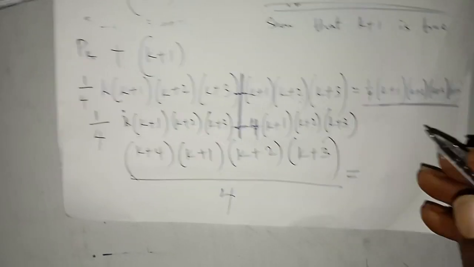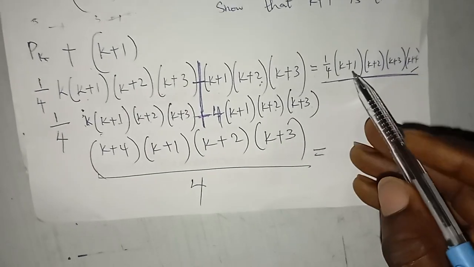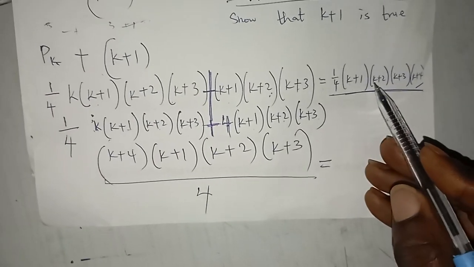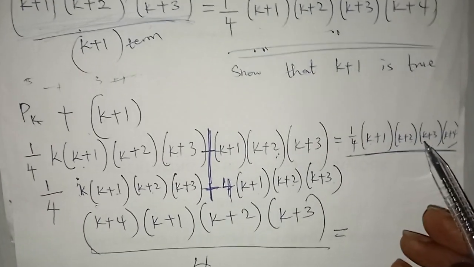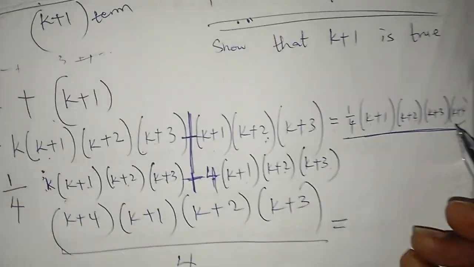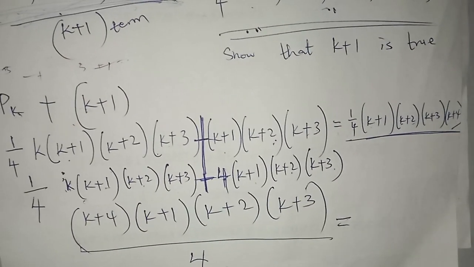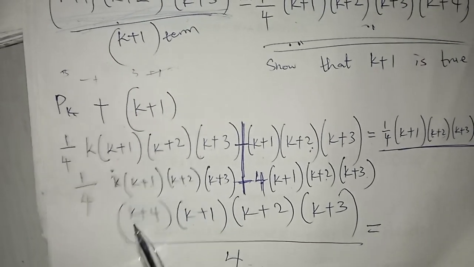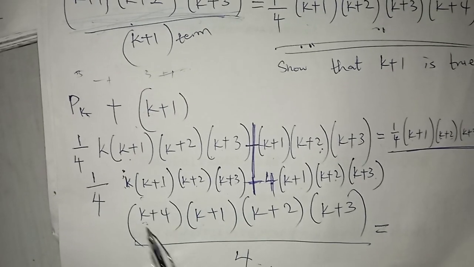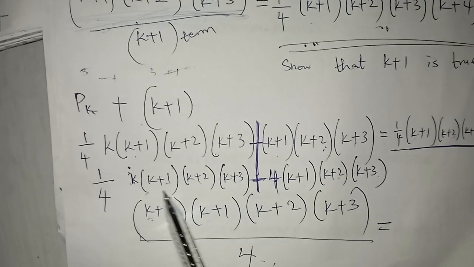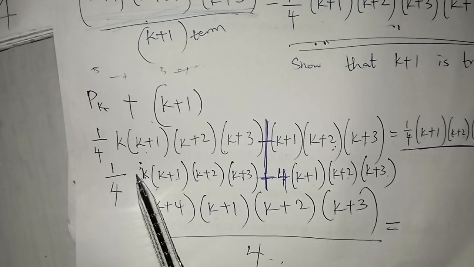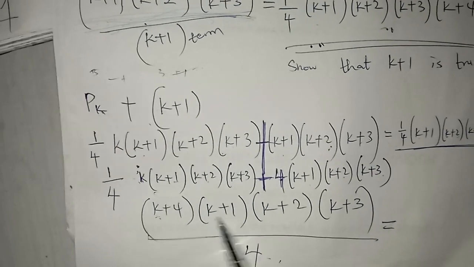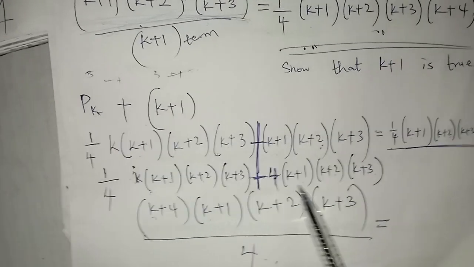So this is now equals to the right hand side. Notice that the right hand side is k plus 1, k plus 2, k plus 3, and k plus 4. Because by the time you use this, k times k plus 1, k times this, everything here will give you this. And you see the k. Now this 4 times this will give you everything here.